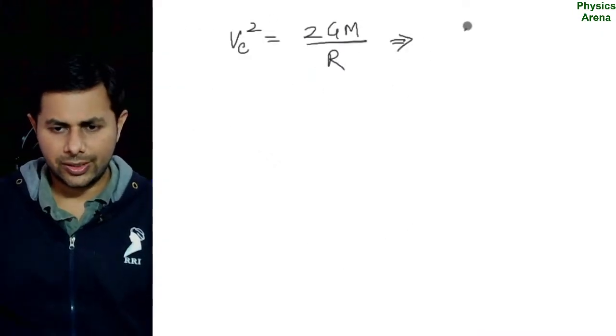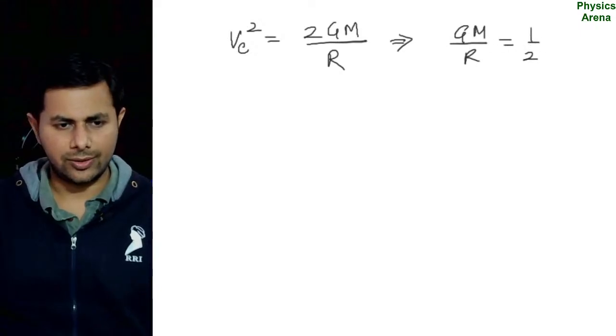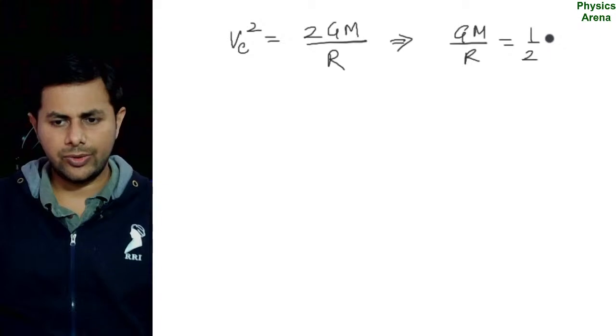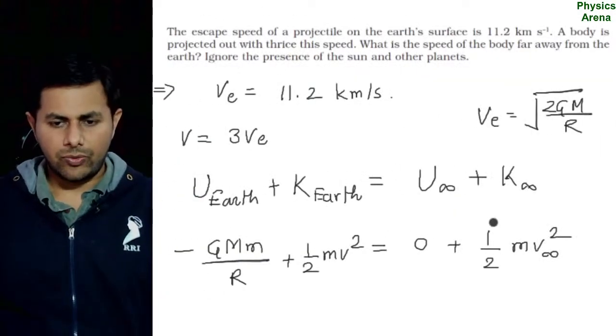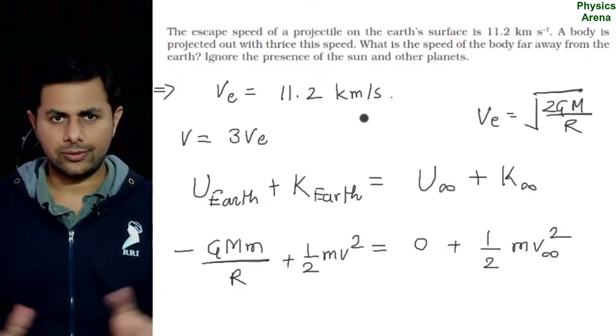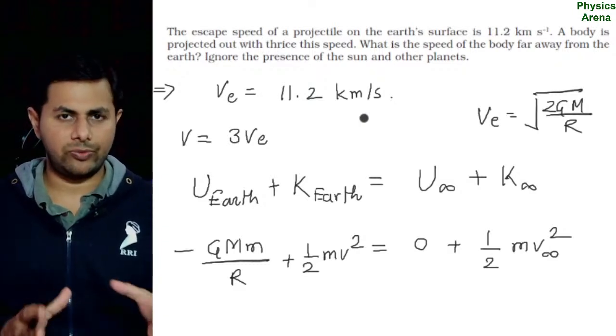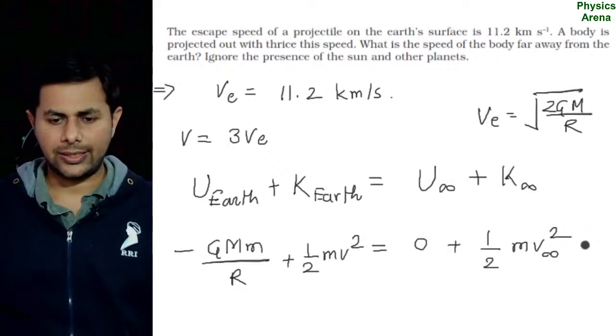So this gives me GM over R equals half of v_e squared. Doing this will be beneficial because we are given that v_e equals 11.2 kilometers per second. So everything will be in terms of v_e, and then we'll be able to find v at infinity.